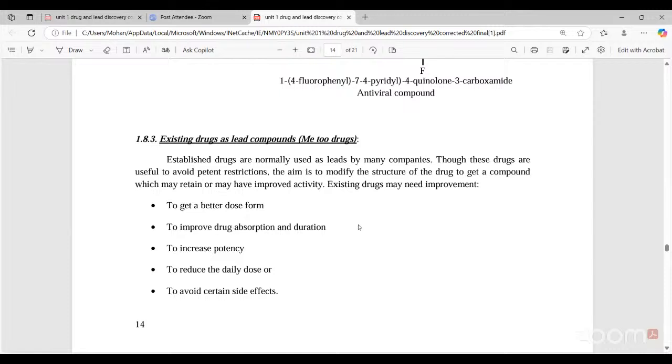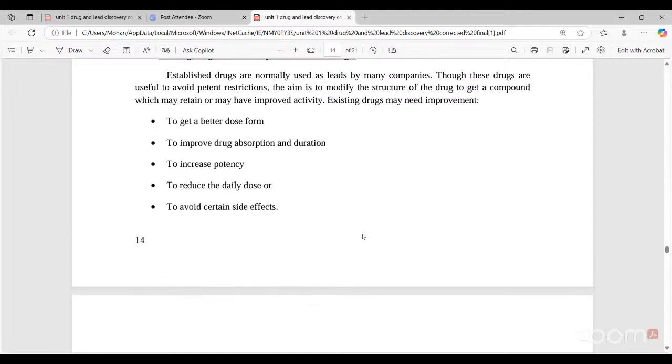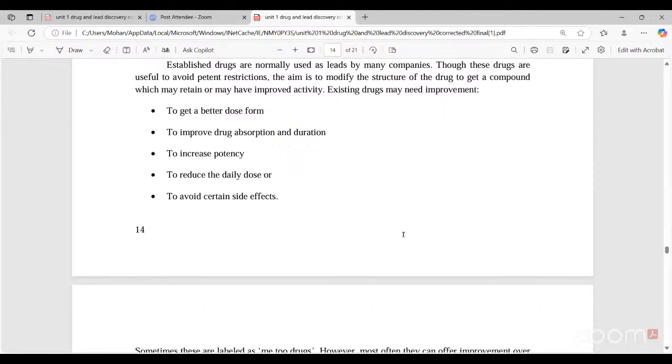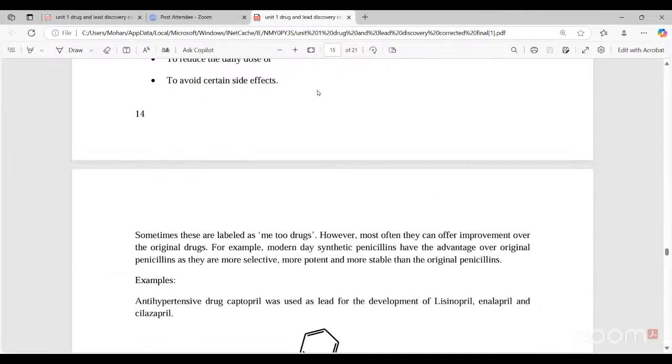Due to all these requirements, we go for these modifications.